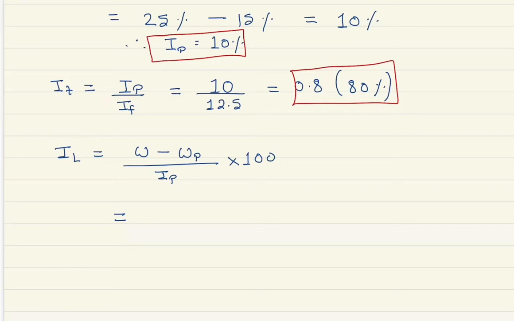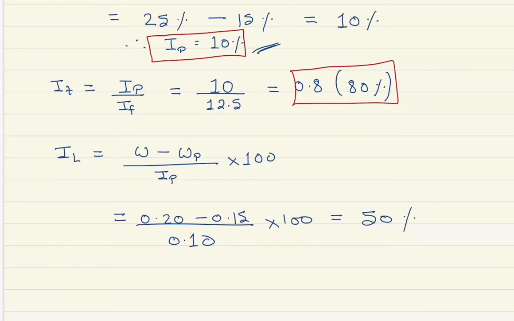W is given as 0.20 minus 0.15. IP, that is plasticity index, is 0.10, as we have already found it, into 100. So after calculation you will find the answer is 50%.